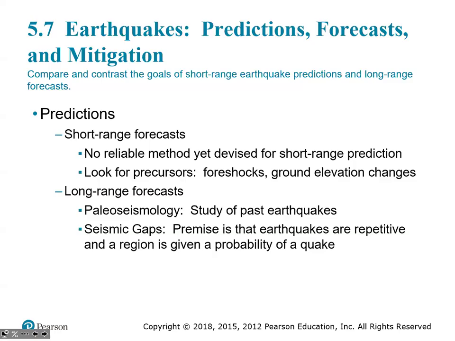forecasts. The best we can do is design systems that react very quickly to earthquakes and put themselves into a safe state. So, like Japan, which gets a lot of earthquakes, has developed utility systems that turn themselves off when earthquakes or shaking is detected.